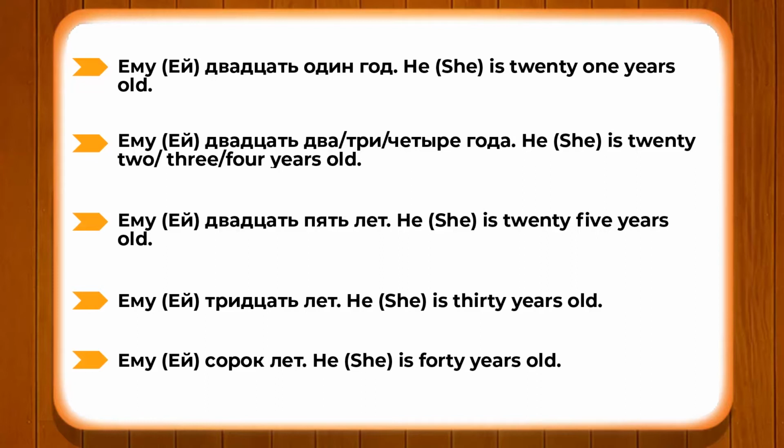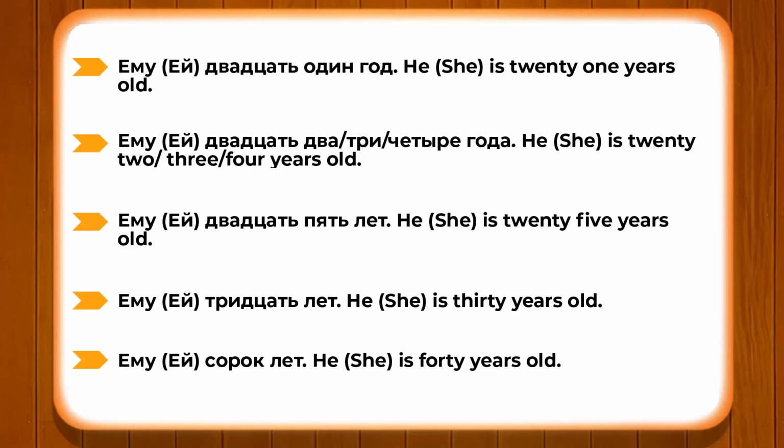Я means I, ты means you singular, он, она means he or she, мы means we, вы means you plural, and они means they. So we have писать. Писать means to write. So please pay attention while I conjugate it for you. Я пишу, ты пишешь, он, она пишет, мы пишем, вы пишете, and они пишут.